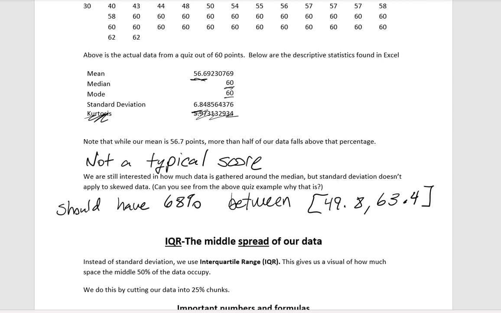Okay, so why is this an issue? Well, the reason this is an issue is because we have way more than 68% of our data falling on that interval, and the empirical rule says we should have about 68%.